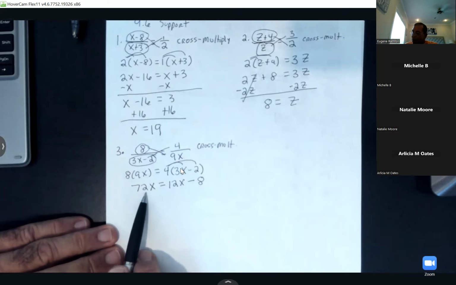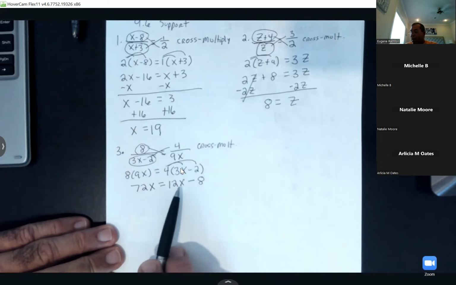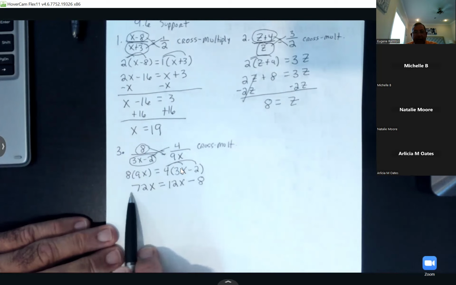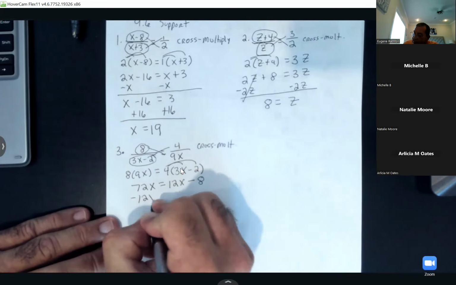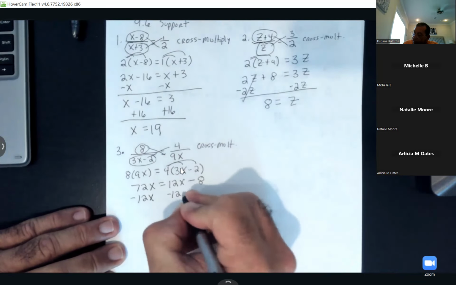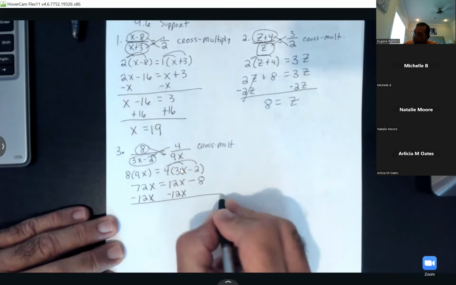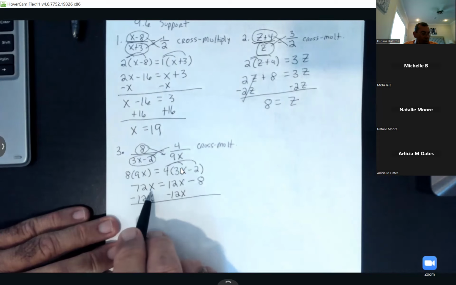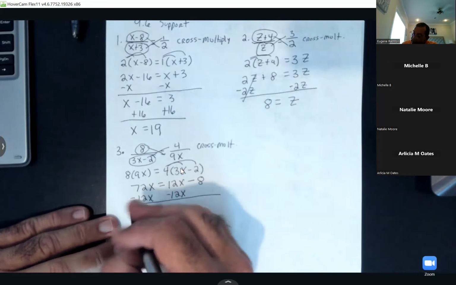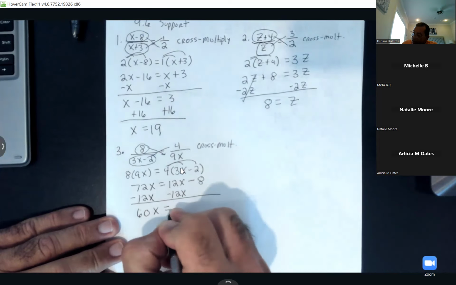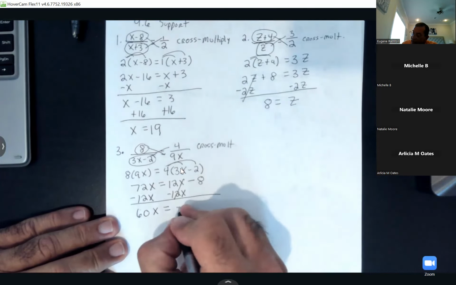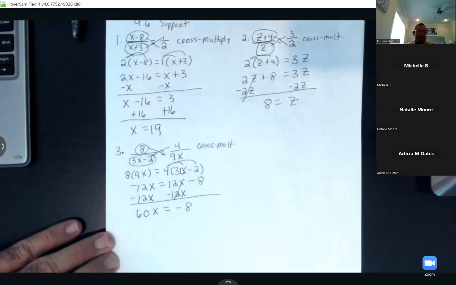All right, so I got the variable over here, variable and a number. I'm going to move this to this side by subtracting 12x. So y'all, that's going to give me, what's that, 60x. Those cancel, and I'm left with my negative 8.